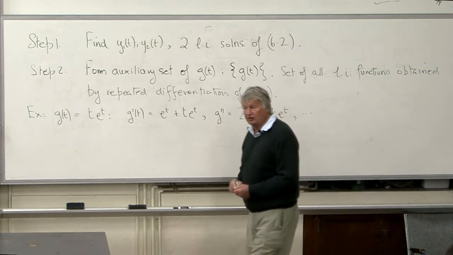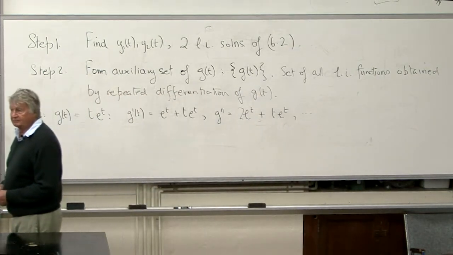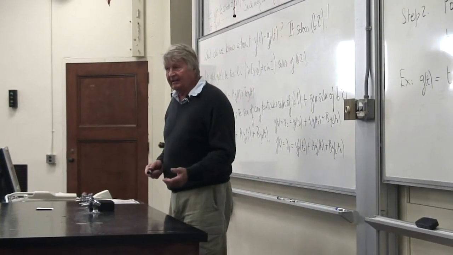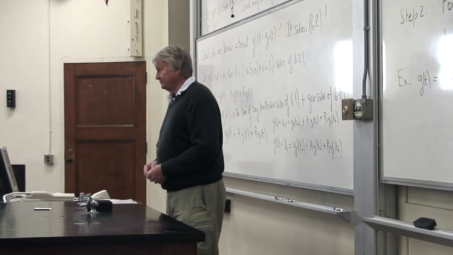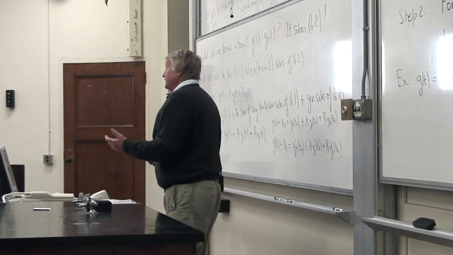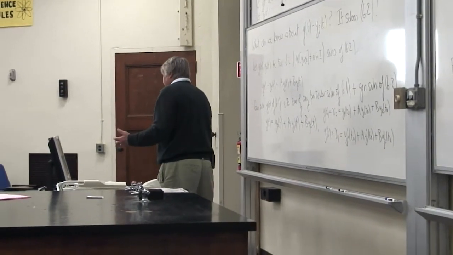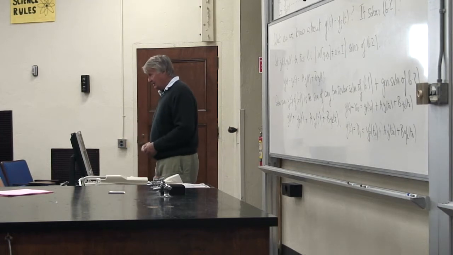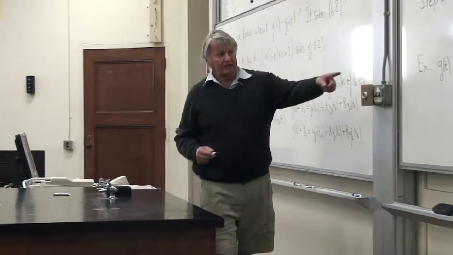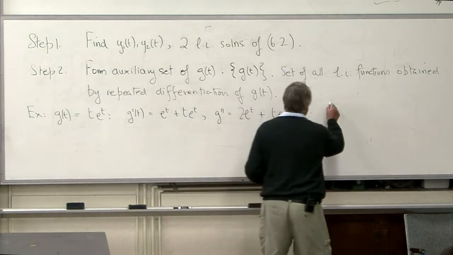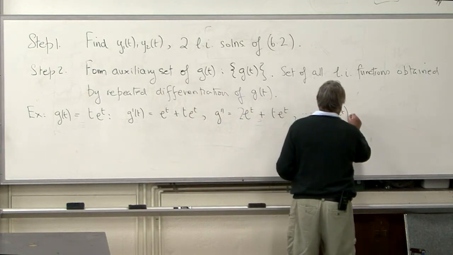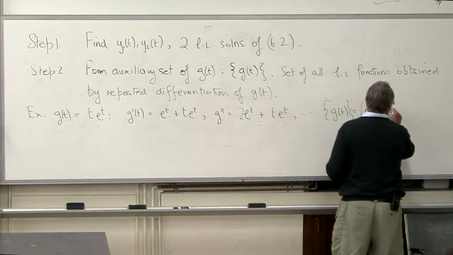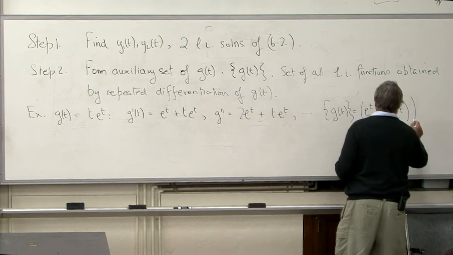If I keep differentiating, I never get anything else than either e to the t or te to the t. Repeated differentiation just gives me expressions which are linear combinations of e to the t and te to the t. So the auxiliary set of this guy is e to the t and te to the t. That's it.